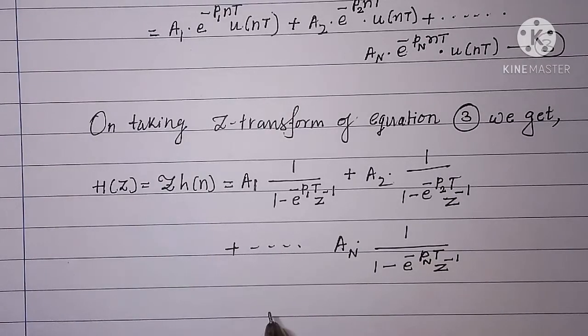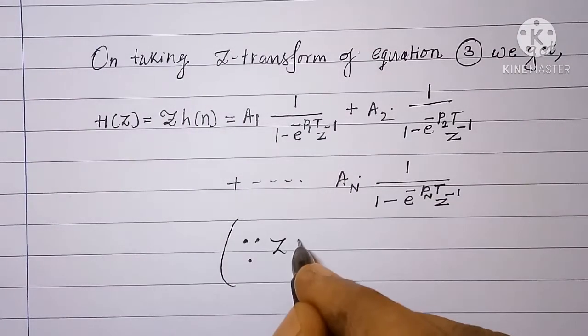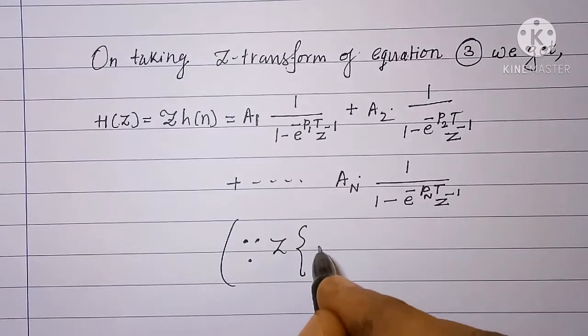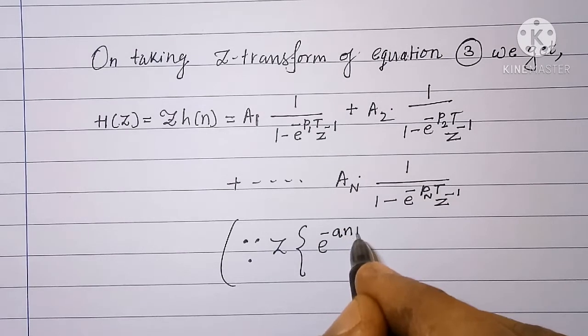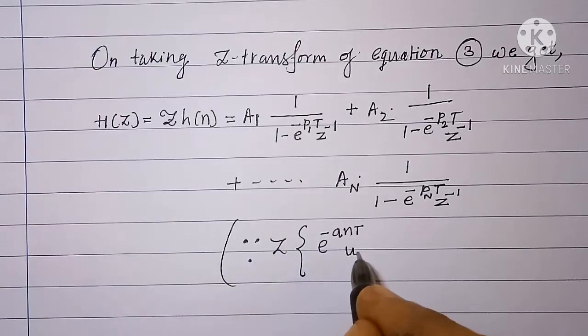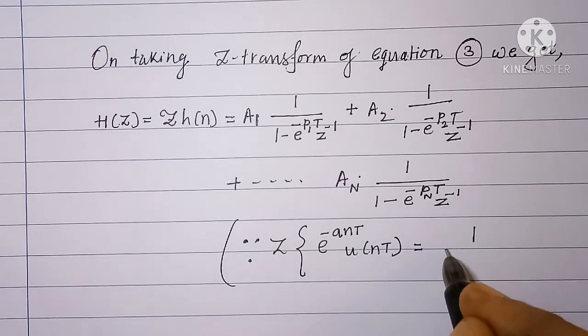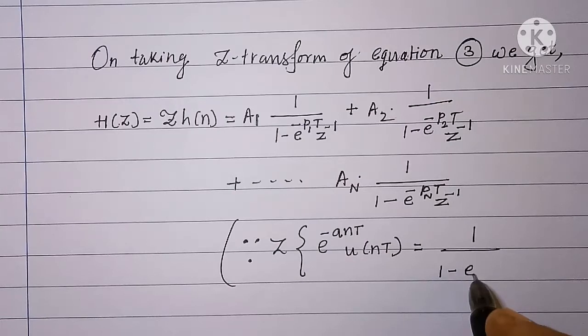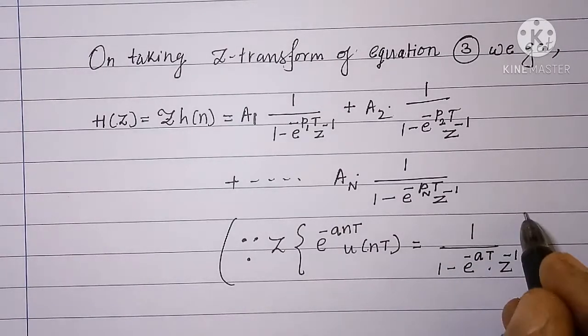Since we know that Z transform of e raised to minus a nT into u of nT is equal to 1 upon 1 minus e raised to minus aT into z raised to minus 1.